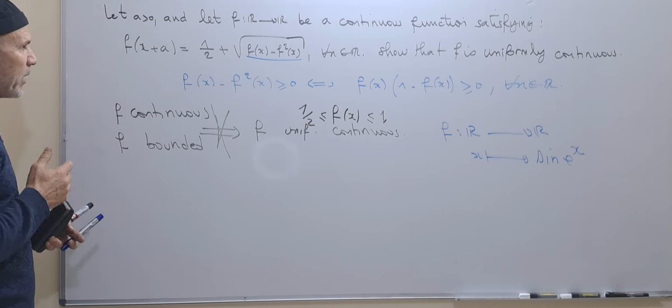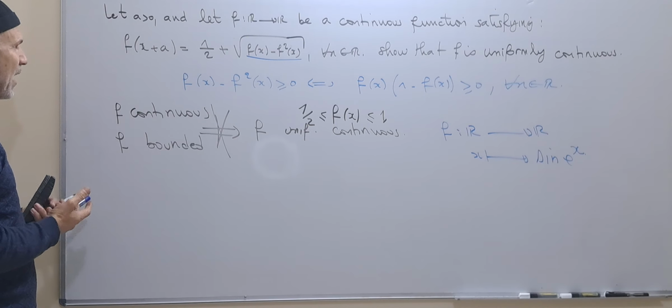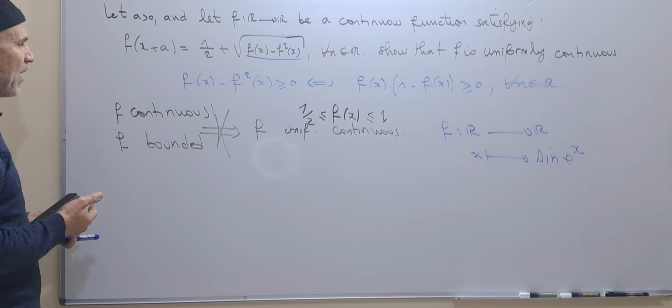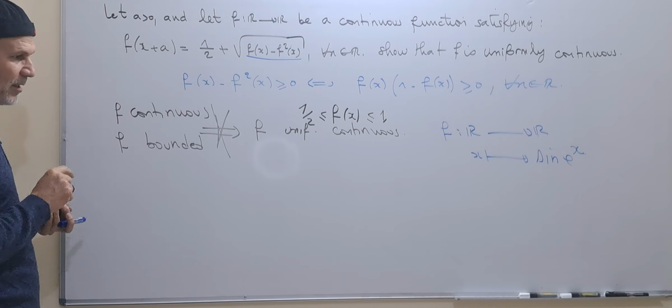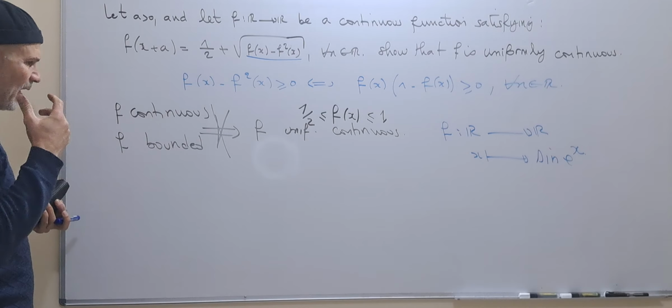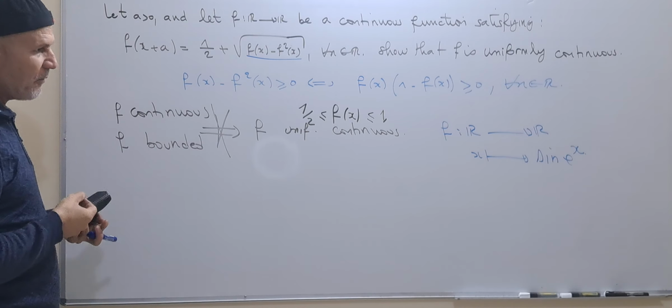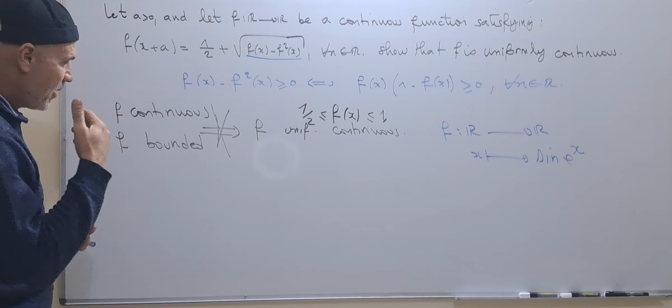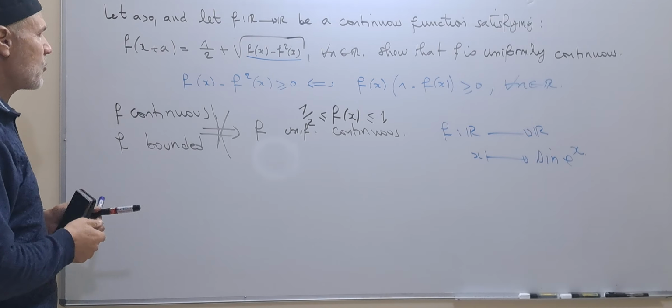Our hope here is to try to prove that f is periodic. If f is periodic, we will have continuity and periodicity, and this is well known, and we proved it in a previous video, that such a function is necessarily uniformly continuous.